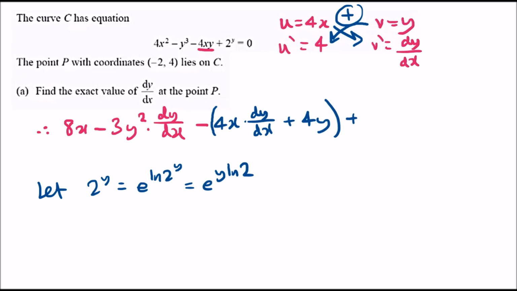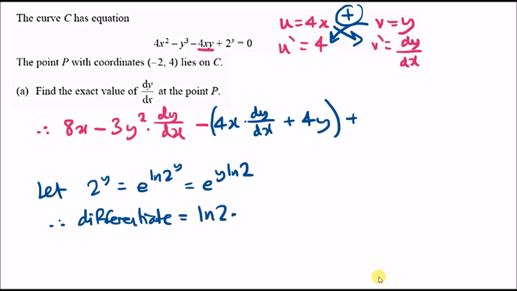Now notice what I did here. I've made it e to the power y log 2, which is a standard format like e to the power x, and now you have a standard number, log 2. So if you differentiate this, you would just drop log 2 down to the baseline. Let's have a go. Differentiate this term, and you should get log 2, because the derivative of y log 2 is just log 2.